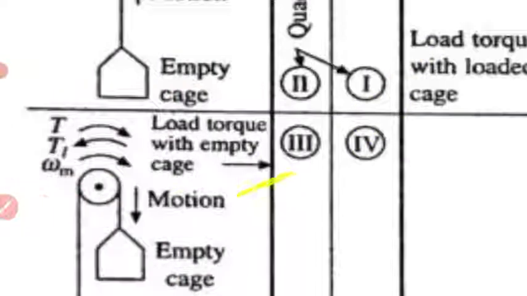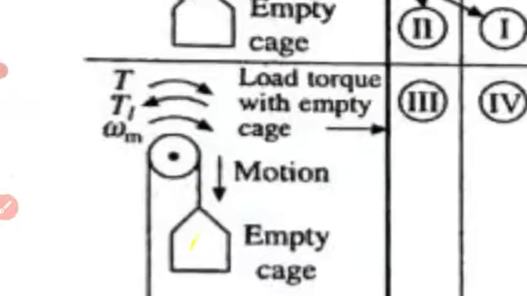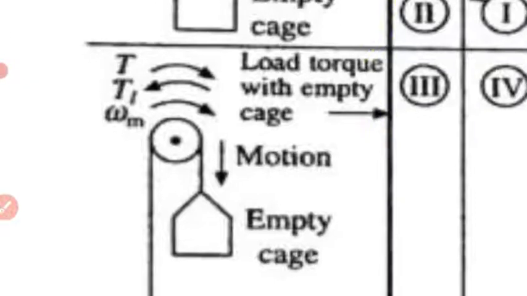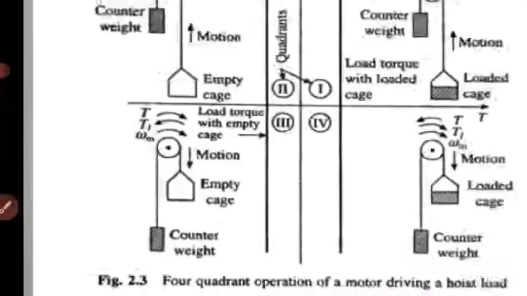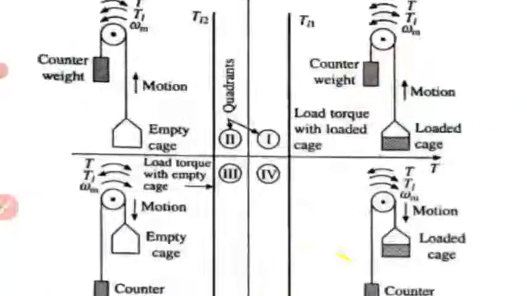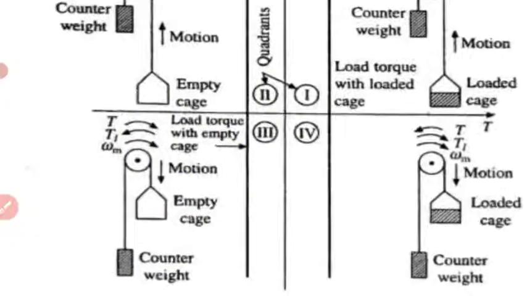Here you can see in the third quadrant, the speed is clockwise and the motor torque is also clockwise. So even though both are clockwise, which is negative, the product becomes positive only. The motor rotates in the opposite direction, meaning clockwise, but the power developed by the motor is positive.